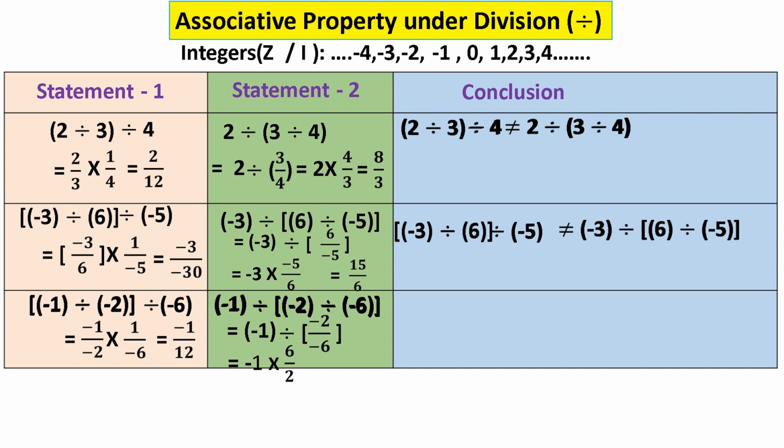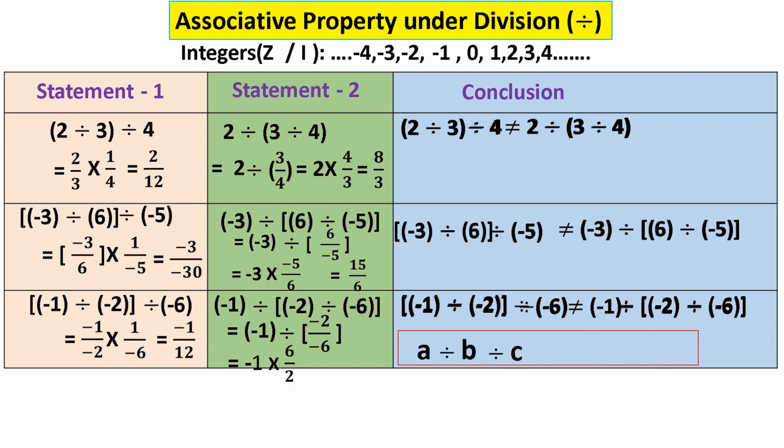Minus minus cancel here, so I write 6 by 2. Finally we get minus 6 by 2. So these are not equal.